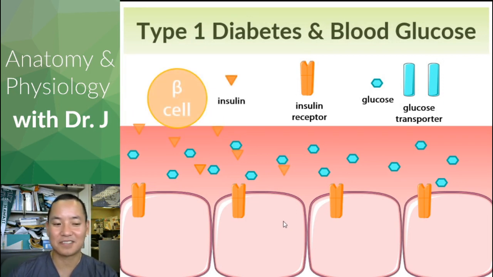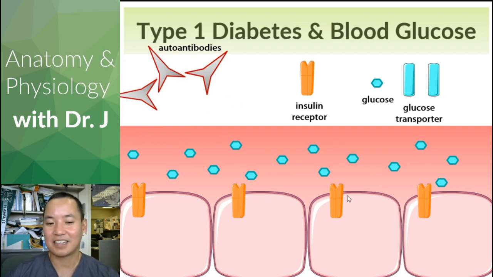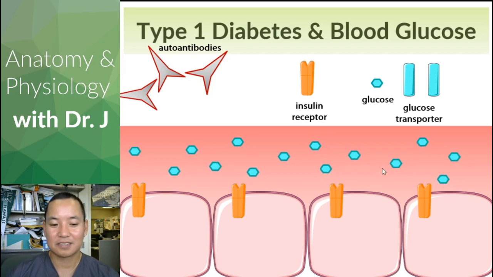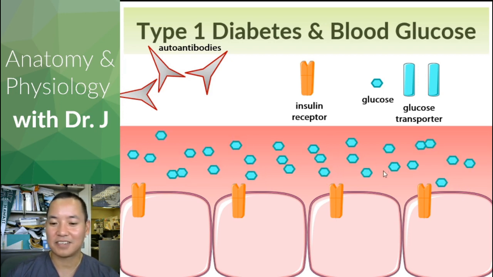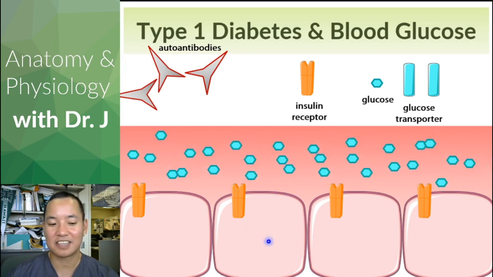So what happens if you don't get that self-tolerance and all of a sudden you have plasma cells throwing antibodies against your beta cells? Well, if they start dying off, no insulin. Can you move glucose into your cells and out of the bloodstream? Nope. So glucose stays in your bloodstream and eventually accumulates. Why? No insulin allowing your cells to take glucose from the bloodstream into your cells.